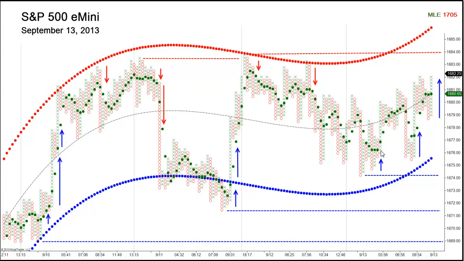However, when the selling pressure ended during the pullback, the S&P was unable to auction back up to the prior high at 1684. Instead, the market stalled for the majority of the trading session, auctioning up to 1682 and pulling back no further than 1679.